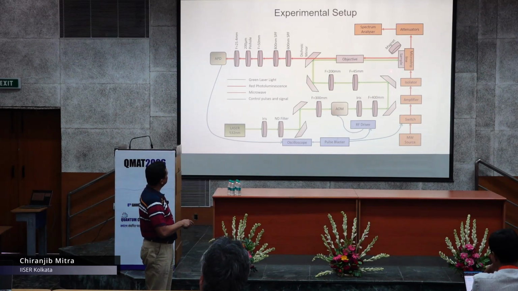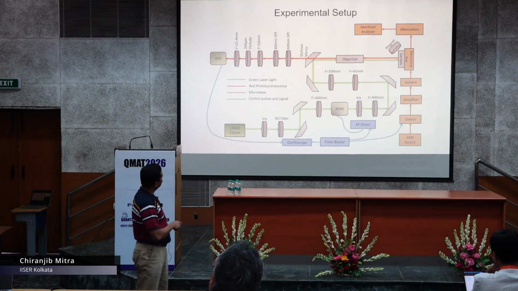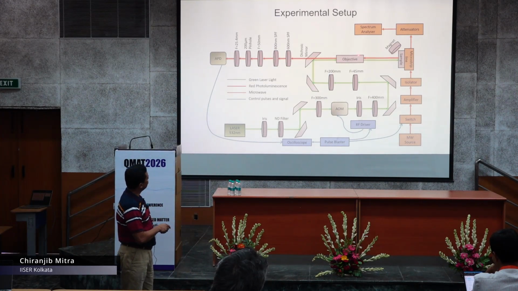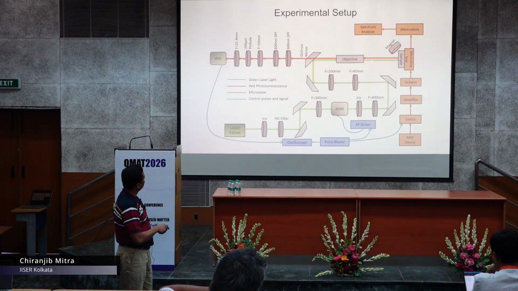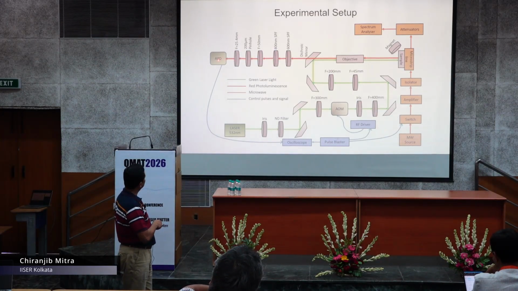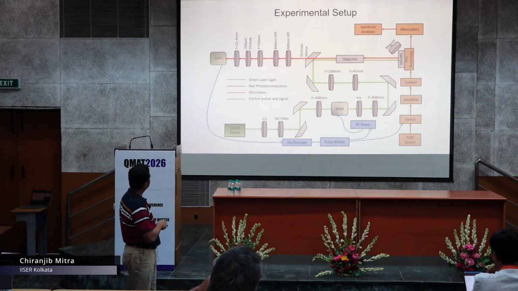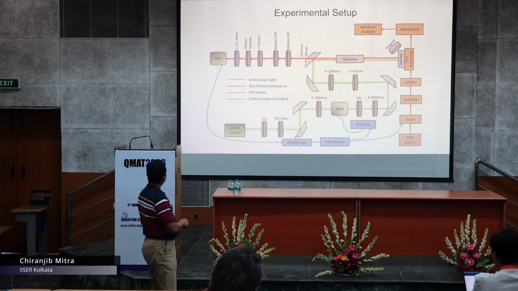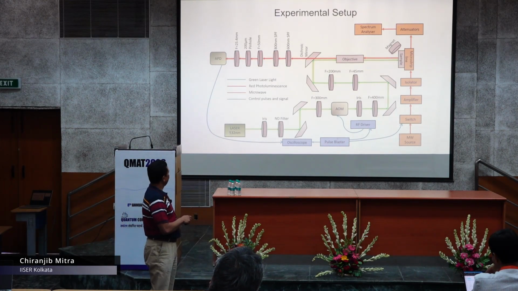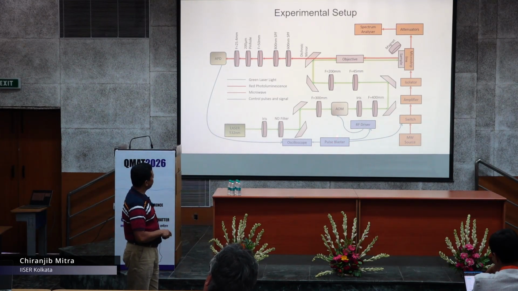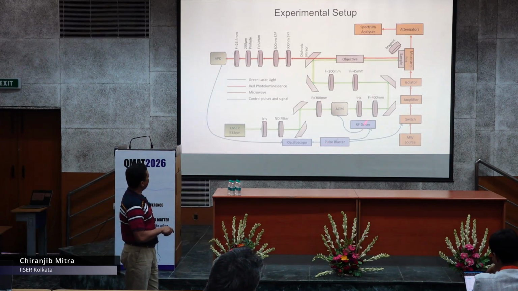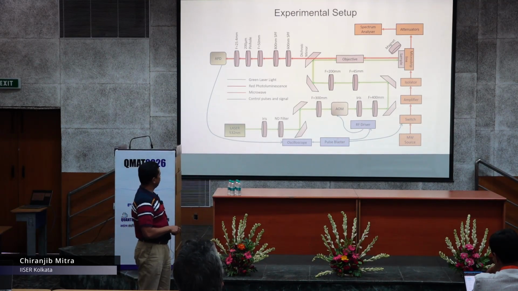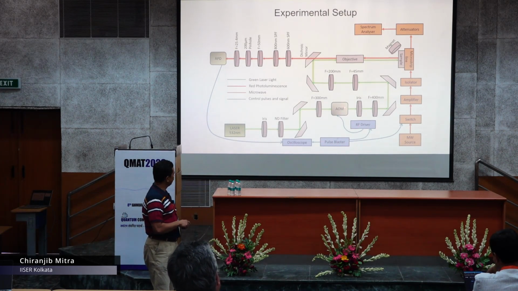The green light goes back, and there is a dichroic mirror which stops the green light and only allows the red light, which you saw in the last slide, which is basically the photoluminescence. Through this we detect with an avalanche photodiode, and from there we put it in the oscilloscope. Using this pulse blaster, we can pulse the microwaves and also drive the AOM.